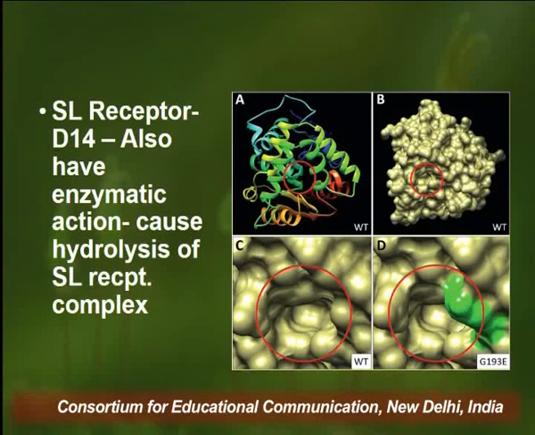This cavity is important because this is the place where the strigolactone molecule binds to the receptor, and the whole molecule does not bind; only ring D, the butanolide ring, along with the enol ether linkage fits into this cavity.